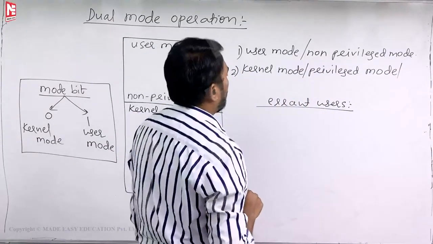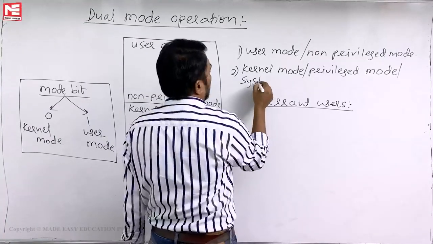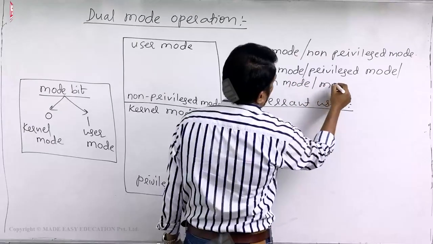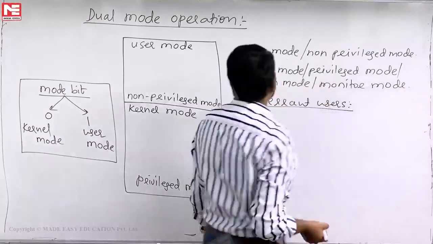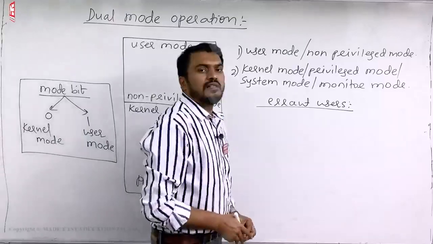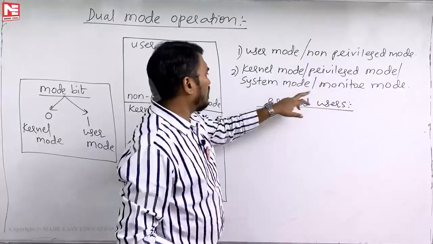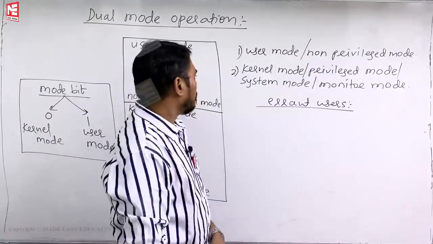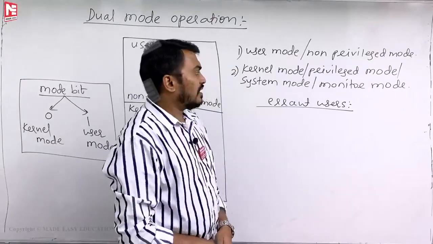Sometimes it is also called system mode or monitor mode. Meaning of all this is the same only. Different textbooks will use different names. So kernel mode, privileged mode, system mode or monitor mode, the meaning of all that is the same only. Right? Copy करो अच्छे से.